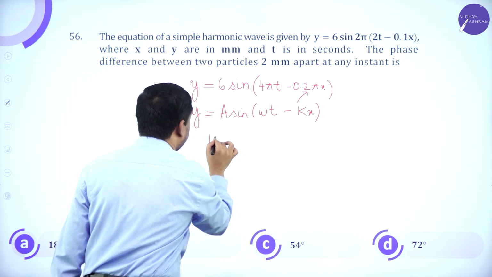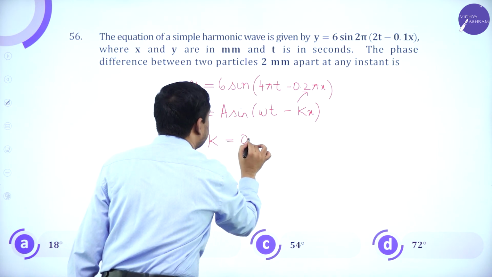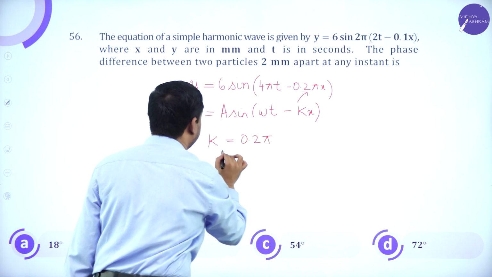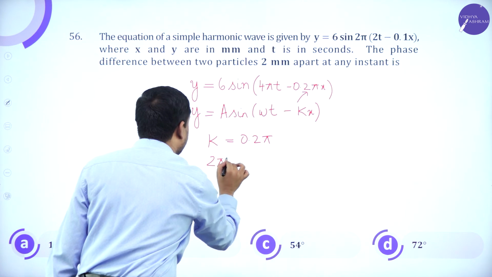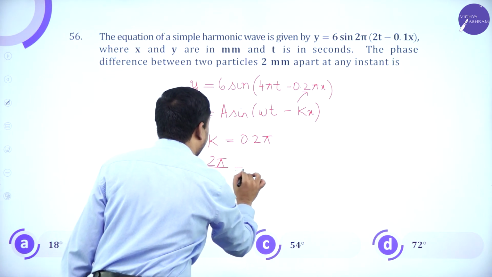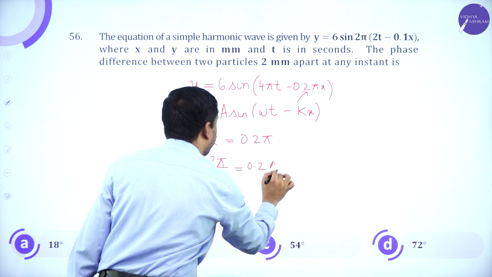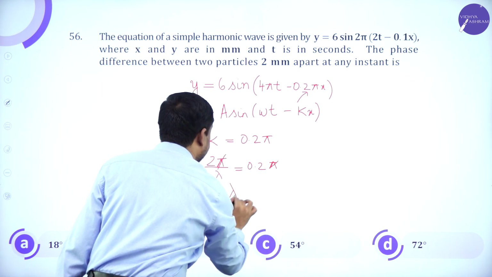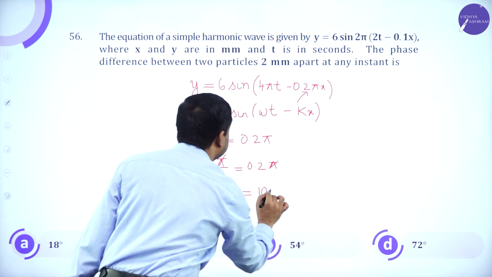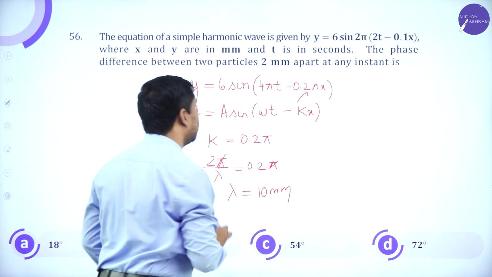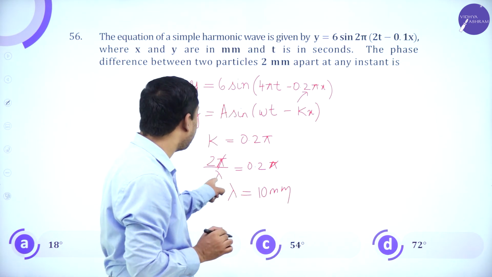Compare here. k is 0.2 pi. So 2 pi by lambda is 0.2 pi, which means lambda is 10 millimeters. So I've got the value of lambda.